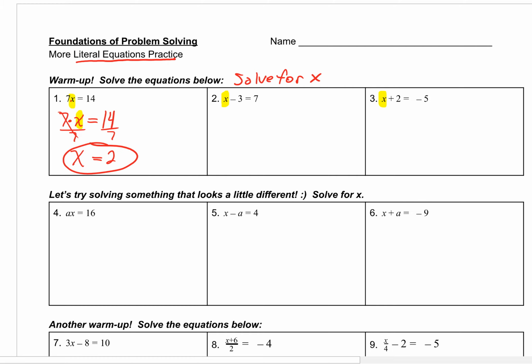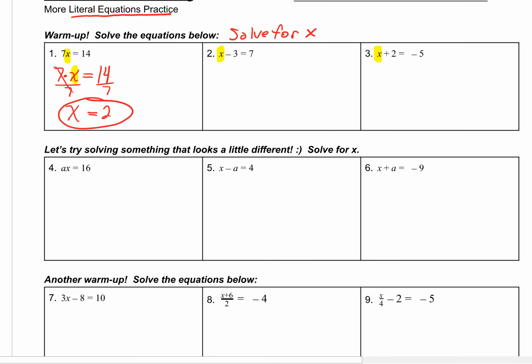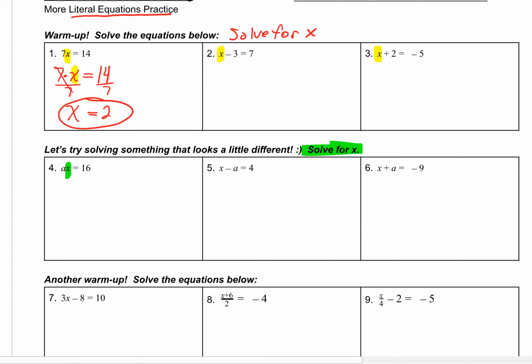Now, instead of jumping to number 2, I want us to take a look at number 4 real quickly, because number 4 looks immensely harder at first glance. You'd say, wait a minute, I don't have a number in front of x. I have a variable, a. If we're going to solve for x, it's the exact same concept, the exact same steps.